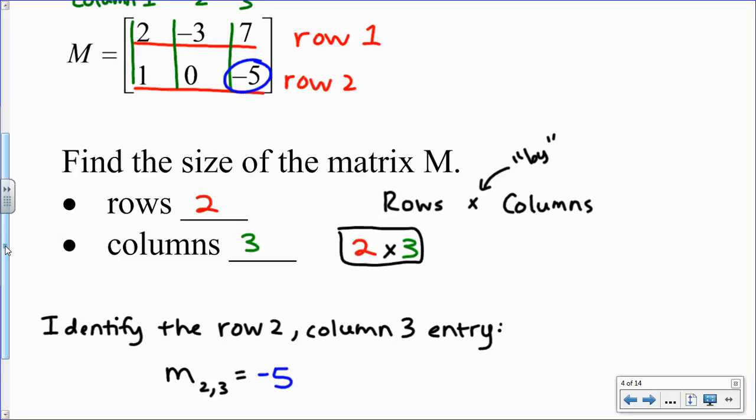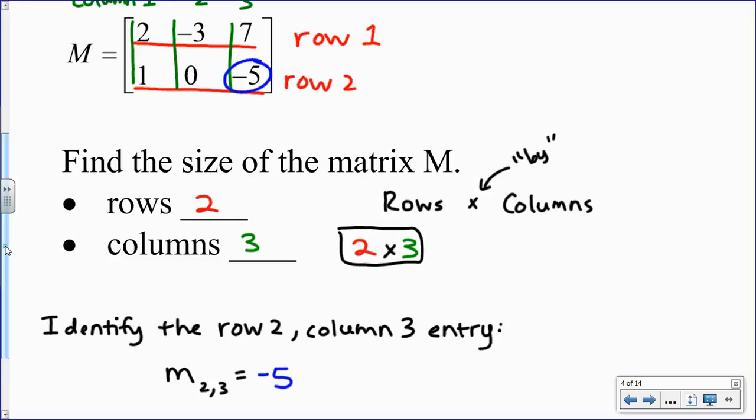No, you can have a matrix of any size, but the size does matter because certain operations can only be performed if some sizes match up. And so that's why we have to know how to write out the size of the matrix.